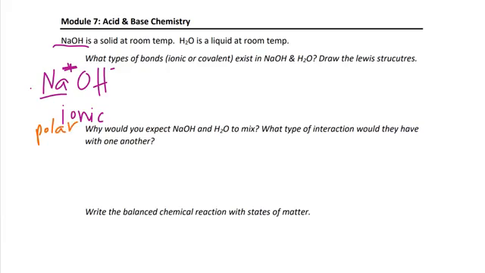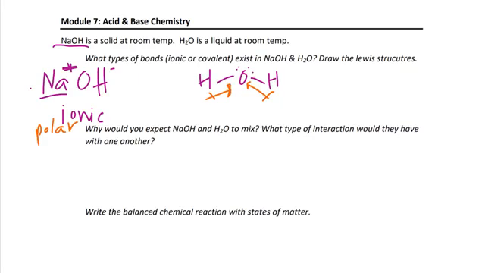And then when we look at water, we know that oxygen has those two lone pairs, and because of the electronegativity difference, the oxygen is slightly negative, so we have this dipole pull to our slightly negative oxygen.